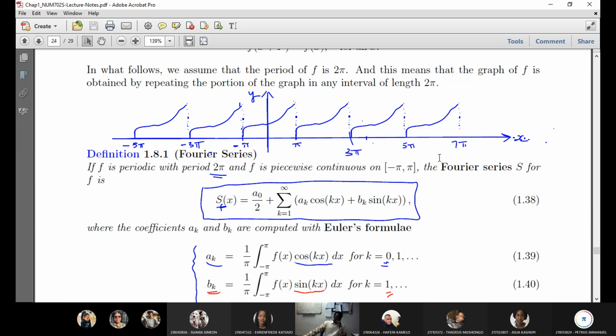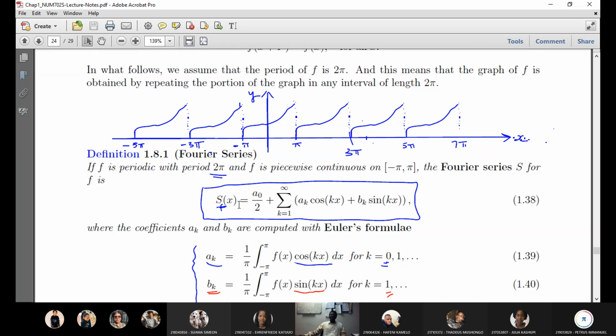From that we define the Fourier series of a function that is periodic with period 2 pi. That function has to be piecewise continuous over an interval of length p, which is a period. Since we fixed the period to be 2 pi, if you look at the interval negative pi to pi, its length is 2 pi, which corresponds to the period of the function.